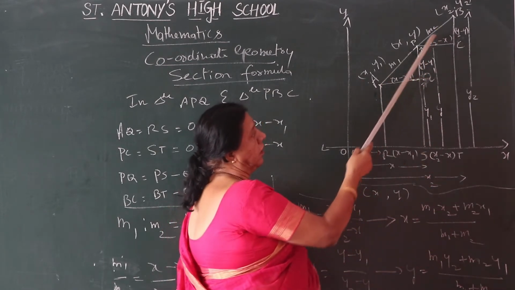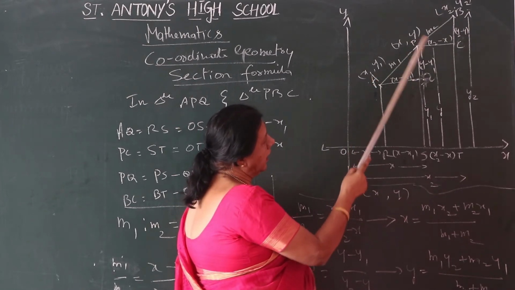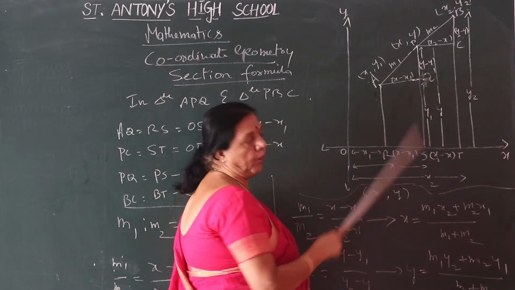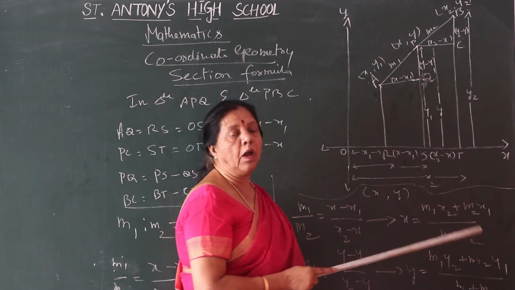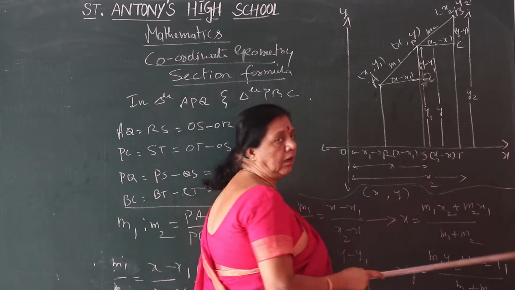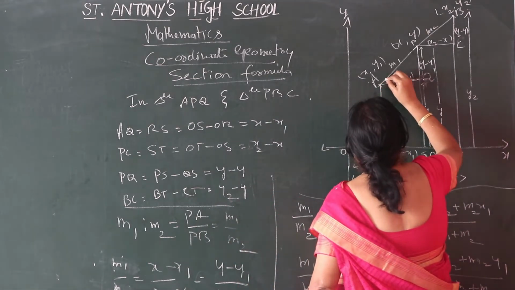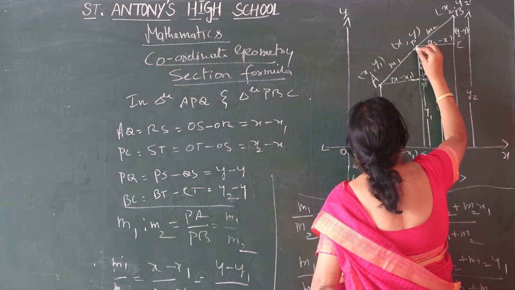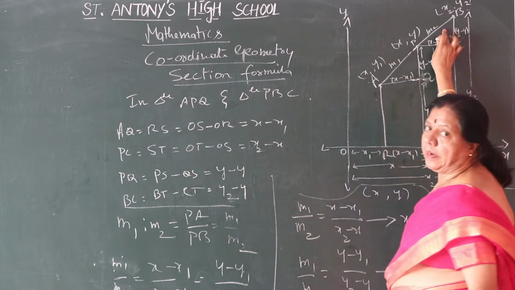Which are the two triangles, children? One is the triangle A, P, Q, colored. Another triangle is P, C, B. AB is a segment.